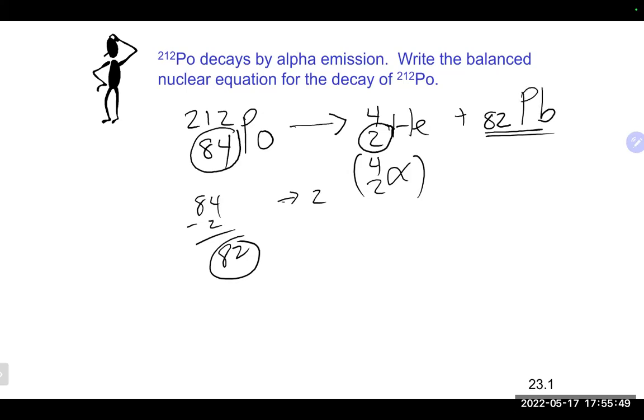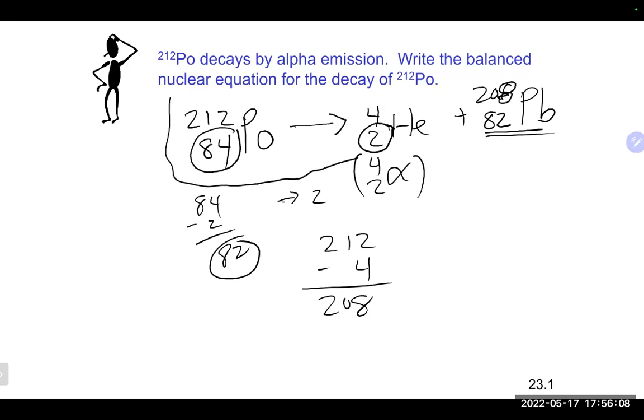And to truly finish it out here, we're going to finish our mass number. So once again, on the left-hand side, I got 212. Right-hand side, I got 4. And if I subtract that, that gives me a mass number of 208. And that means that this would be our balanced equation. Once again, if we look at the mass number on the left, there's a grand total of 212.